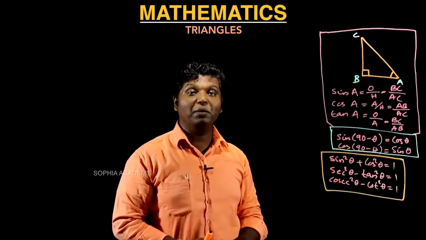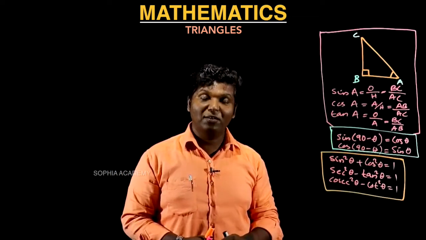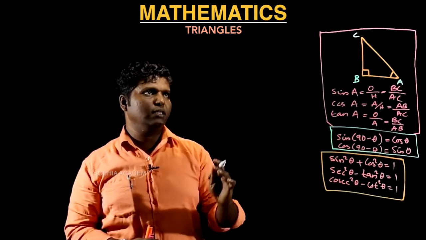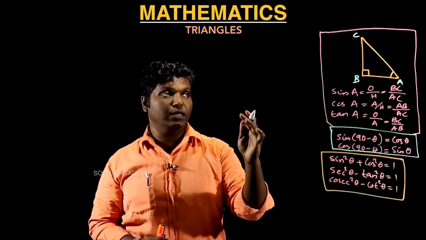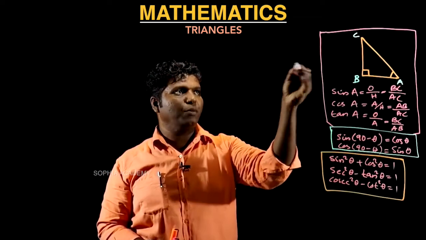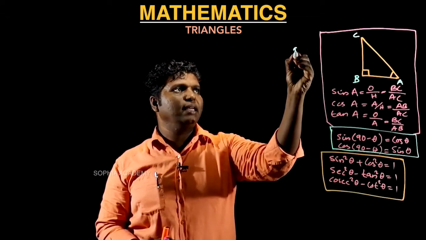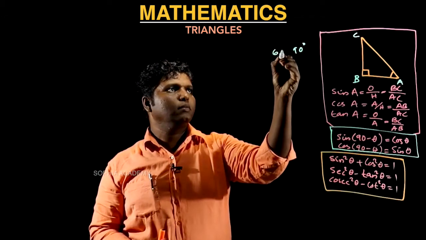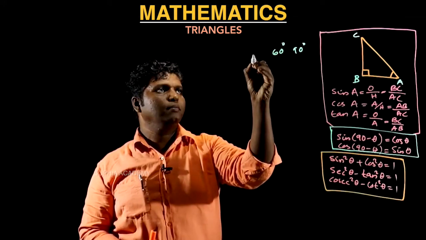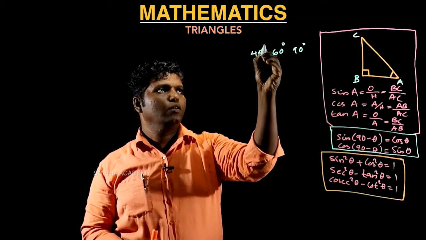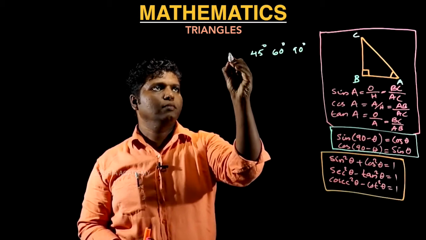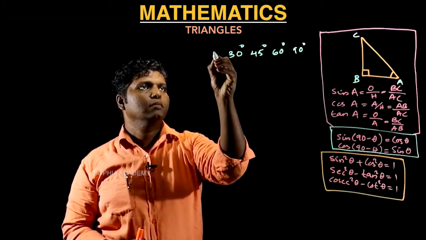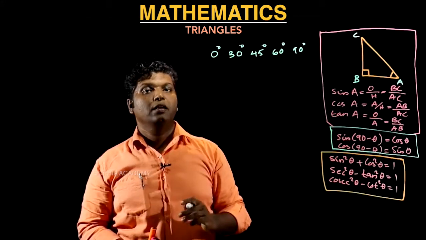Okay, here go the complementary ratios, or the trigonometry ratios. So sine theta, cos theta and tan theta. Again, we are going to deal with those things, and here there are some angles which you have to study about. The last one is, I'm writing from here to here. So the last one is 90 degree. Then you have to study about 60 degree, 45 degree, 30 degree, 0 degree.